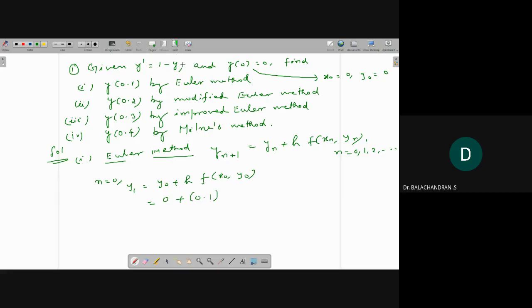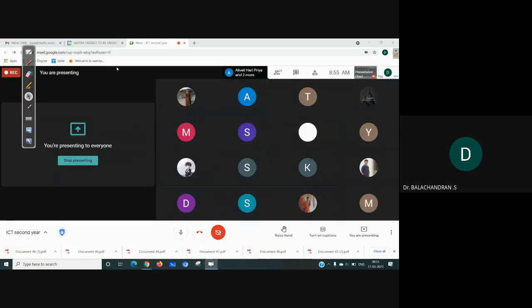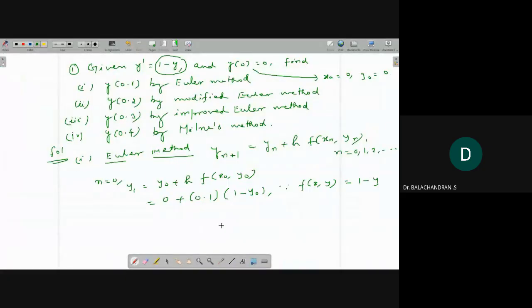We know that f of x comma y equal to 1 minus y, so f of x0 comma y0 is 1 minus y0.